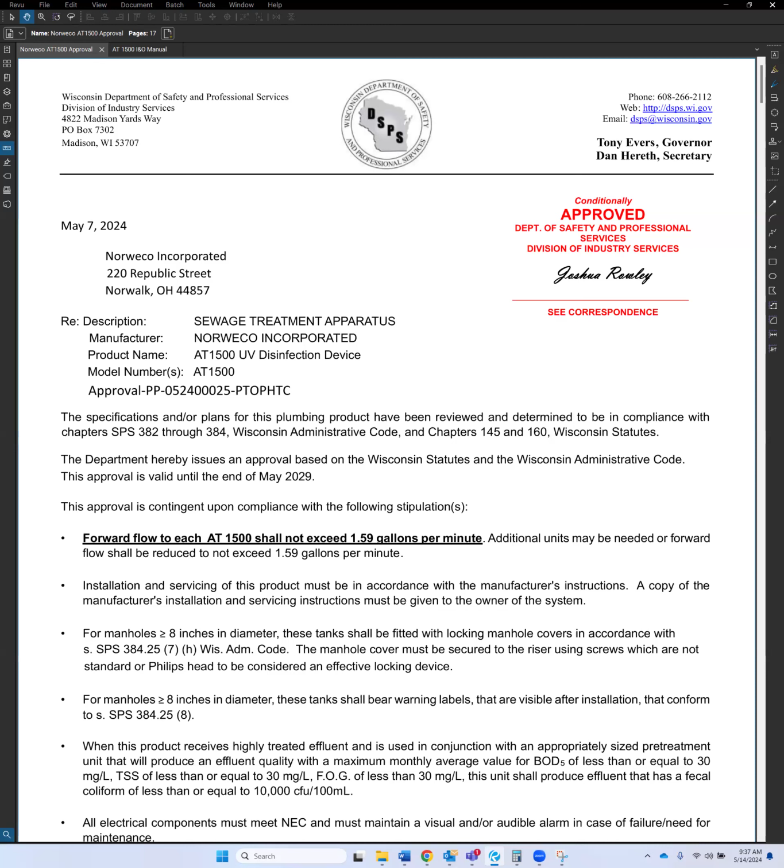Another question here. What about existing installs with UV required? Could you talk a little bit about what it means for systems that have already been installed versus systems going forward? I'm not sure if the question means existing installs that should have had it, if they took the credit or not.